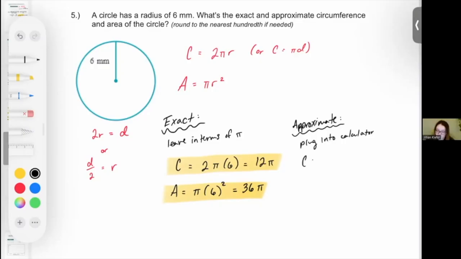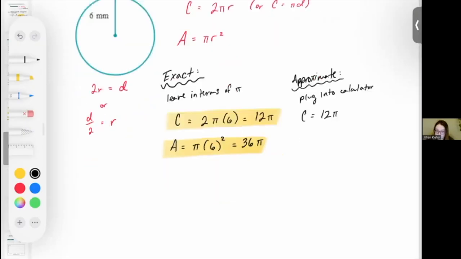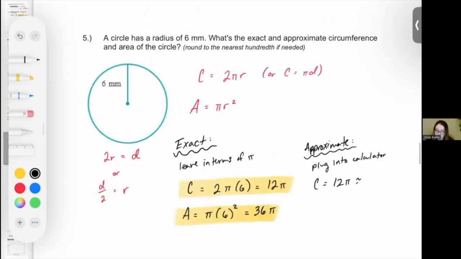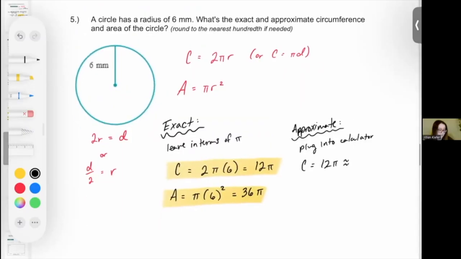We already know that our circumference is 12 pi, but we're actually going to plug into our calculators 12 times pi. Then we were told to round to 2 decimal places, so we want to make sure to do that. It comes out to about 113.10. One thing that was slightly forgotten here was to add back on our units.